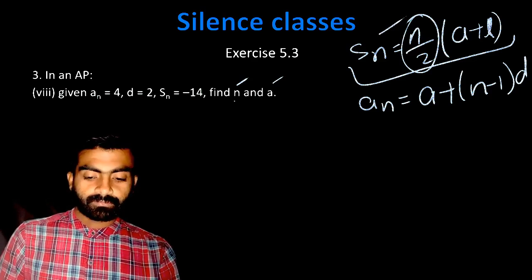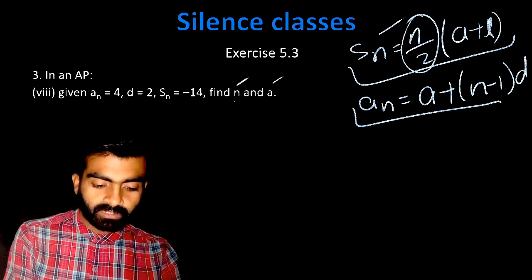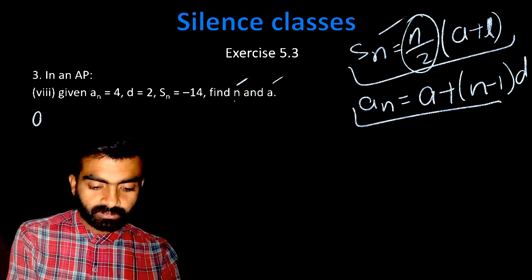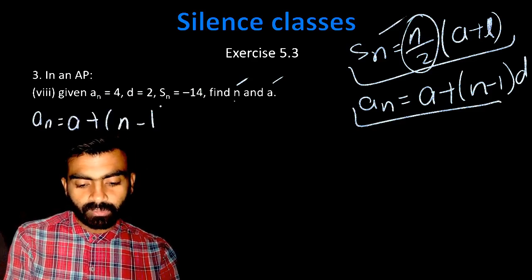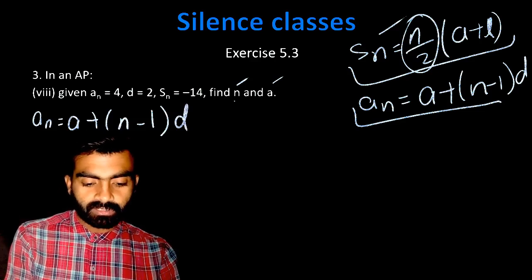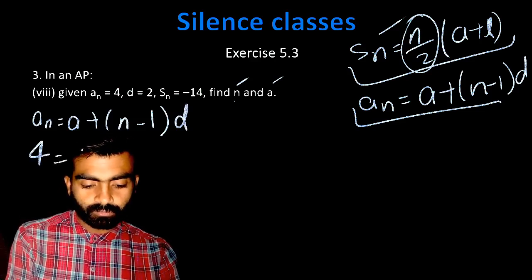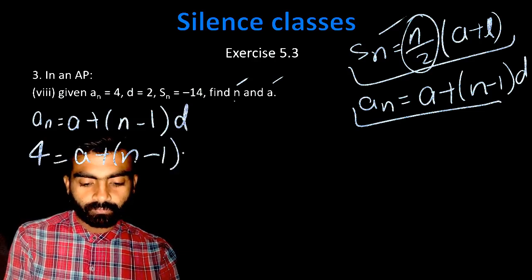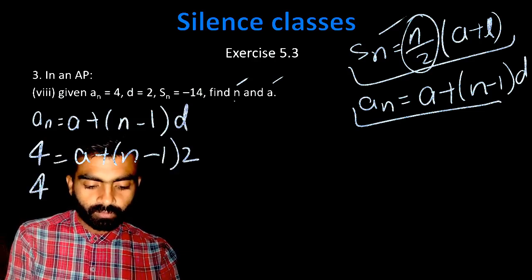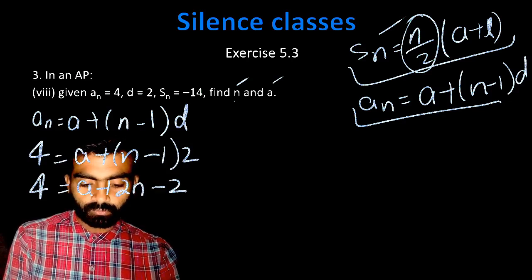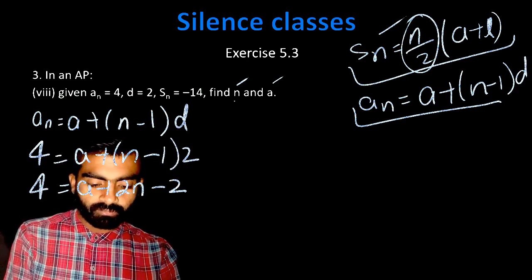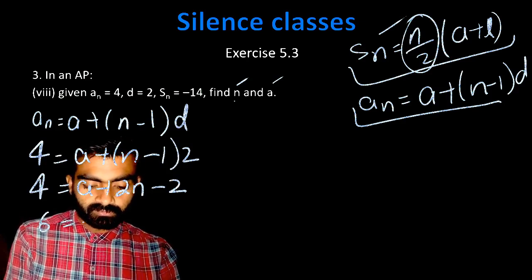So a_n we have, that is 4, is equal to a, which we have to find, plus (n minus 1) times d, that is 2. So 4 is equal to a plus 2n minus 2. Once we send it to the right hand side, we get 6 is equal to a plus 2n.